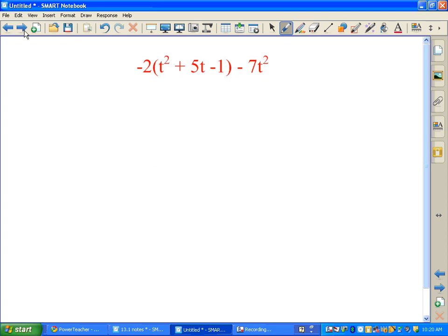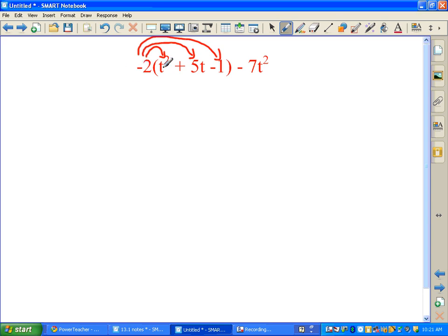Okay? Now I have one more example here, which involves distributing as well. Again, something we already did when we were doing the equations. And since I have this negative 2 out here and all this stuff is in parentheses, I need to distribute, which means we're going to multiply this negative 2 times all 3 of these terms inside.